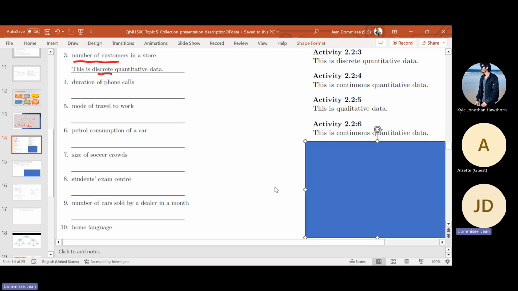If I said petrol consumption in liters per kilometer, then it becomes discrete because then it is 5 or 6 or 7 or 8. But because we don't know, it is continuous. Okay, size of soccer crowds.